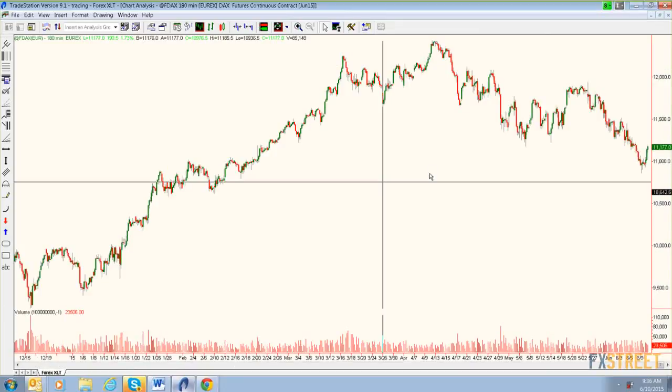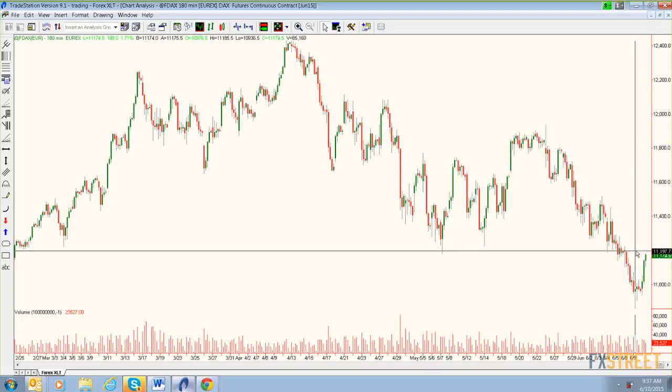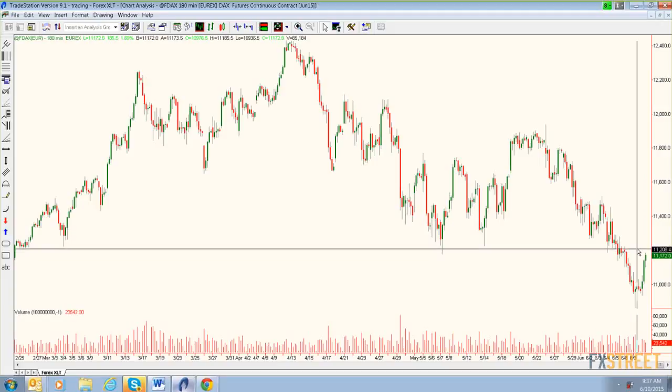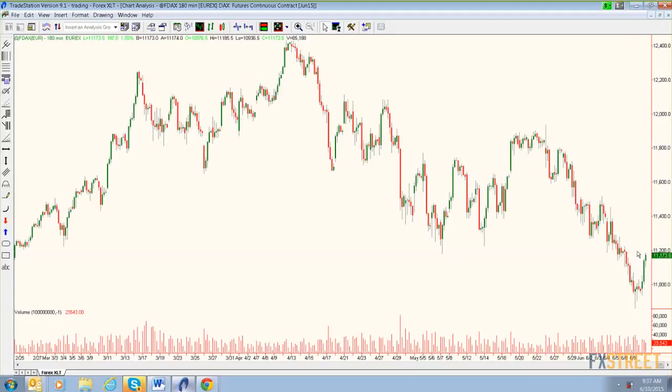This market looks great because again, you don't really have any significant demand below. You're just reaching the supply. In fact, you're not there yet, but almost. So if you trade the DAX, I would certainly watch this area. This is probably one of our best charts of the day, the 11,200. Actually, it's more like 11,195. Okay, so watch for that.